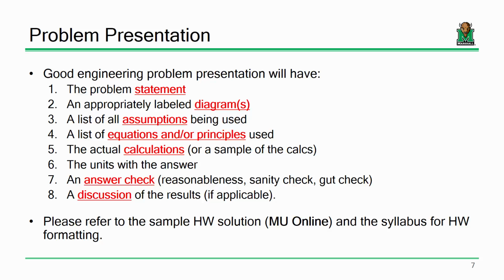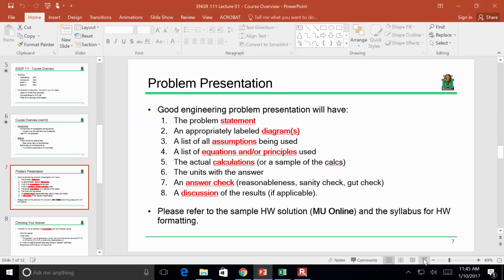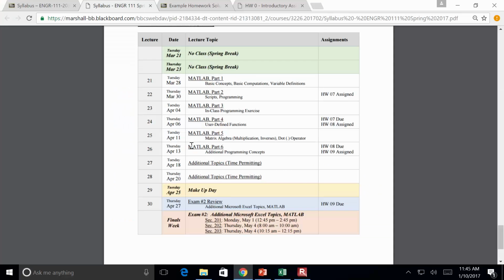You'll list the assumptions that are being used in order to solve it, a list of the equations and principles, the calculations, including the units in the calculations and with the answer, and then an answer check, like a sanity check or a reasonableness check. Let me show you what that looks like.